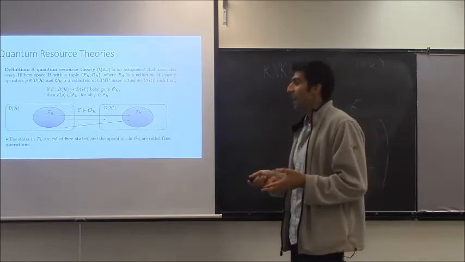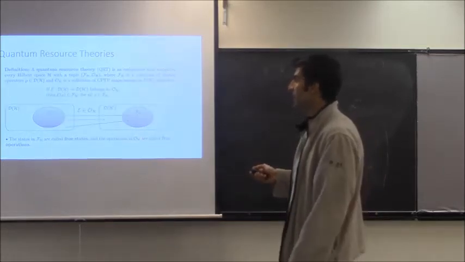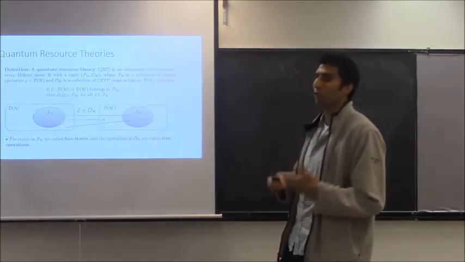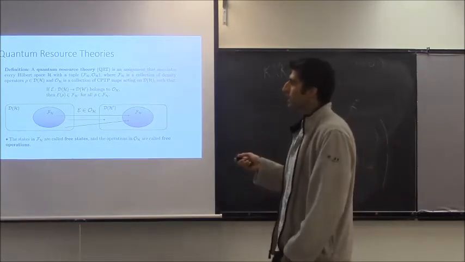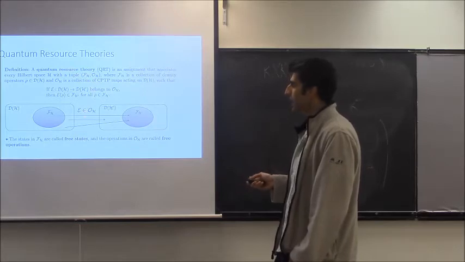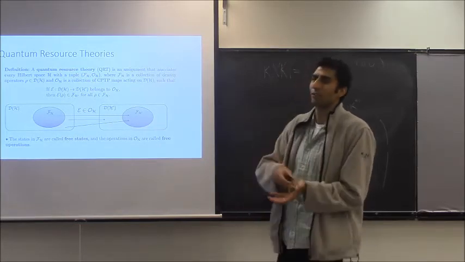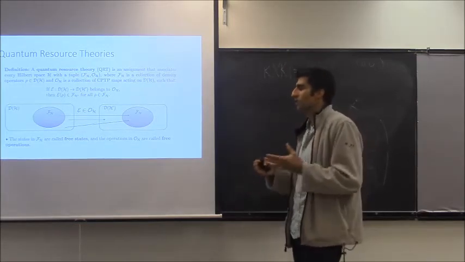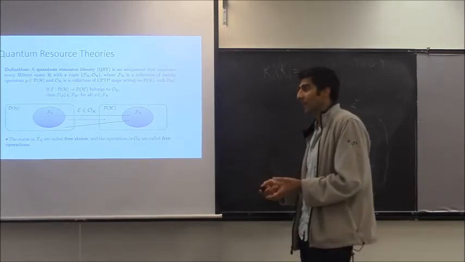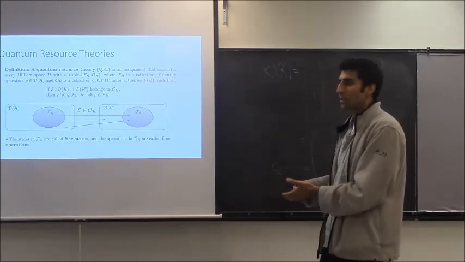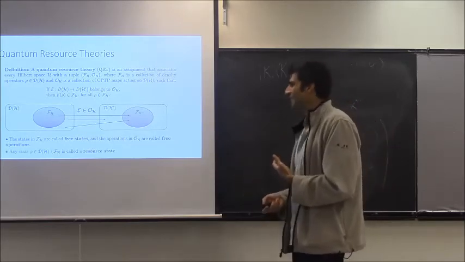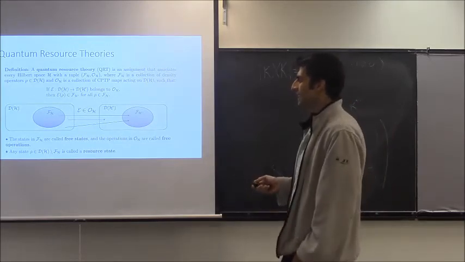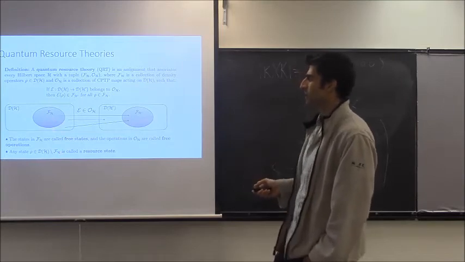And the E's in our set are operations that we can perform for free, operations that are easy to perform. In order to be a quantum resource theory, we demand that our free operations, when acting on the free states, preserve the set of free states. We can't take a free state, act with a free operation, and get something that's not free.